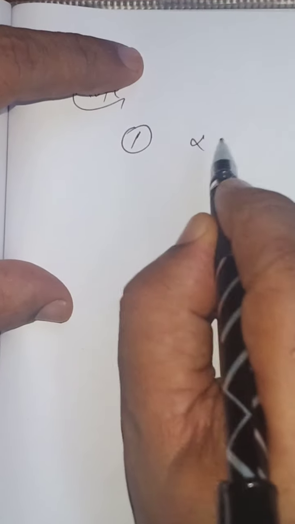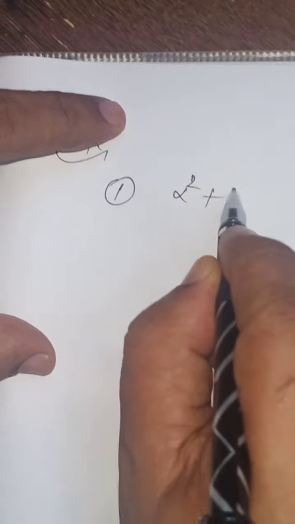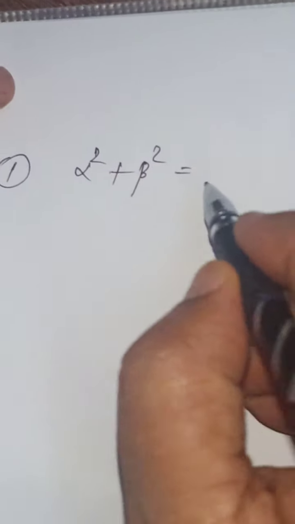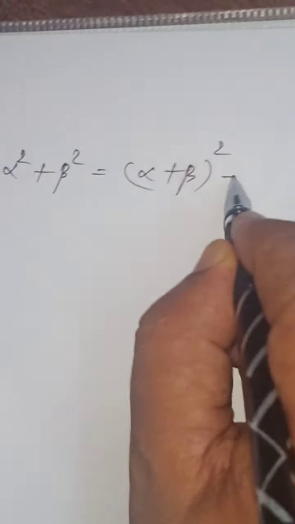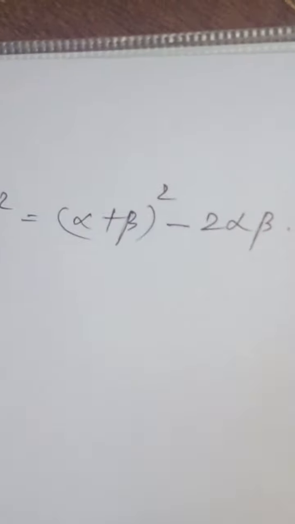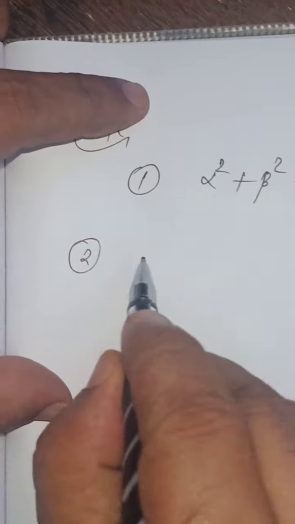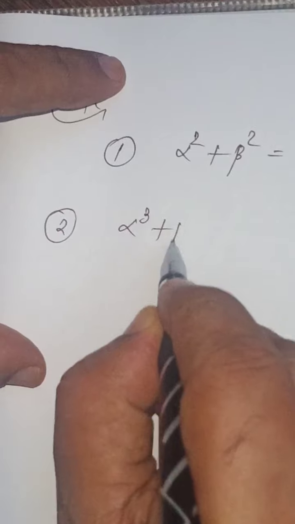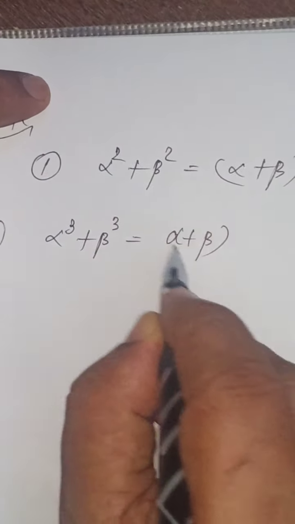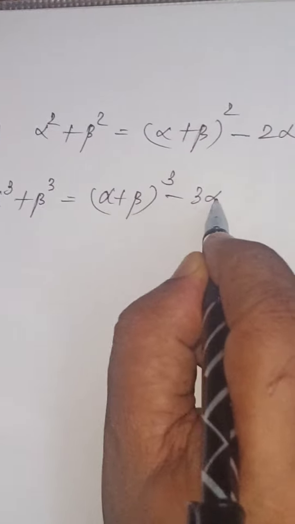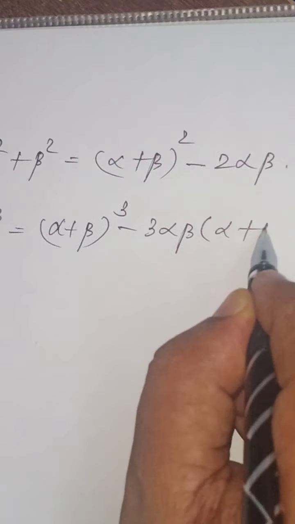Now note number 1: alpha squared plus beta squared is equal to alpha plus beta whole squared minus 2 alpha beta. Second one, alpha cube plus beta cube is equal to alpha plus beta the whole cube minus 3 alpha beta into alpha plus beta.